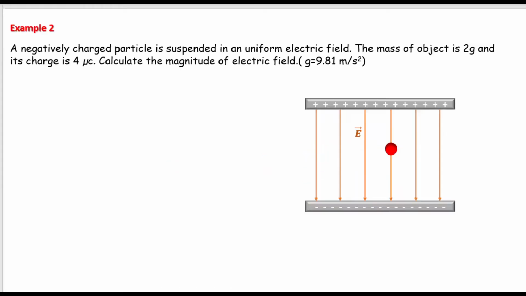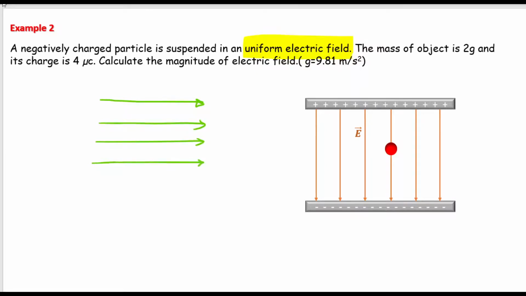In the next example, we have a negatively charged particle that is suspended in a uniform electric field. This word, uniform electric field, I would like to explain a little bit. When we say uniform electric field, that is an electric field whose lines are parallel, and the density of lines is the same everywhere in the space.